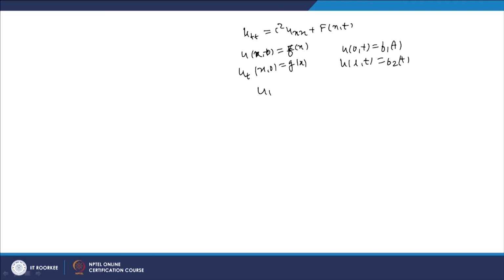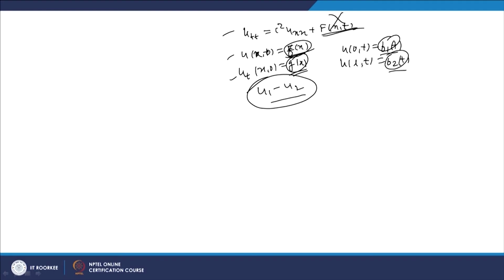So u1 will satisfy the same equation and u2 will also satisfy the same equation. When you look at u1 minus u2, this part will cancel out, and this part will also cancel out because it is independent of u1 and u2. So the corresponding equation satisfied by u1 minus u2 will not have this part, this part, this part and this part.